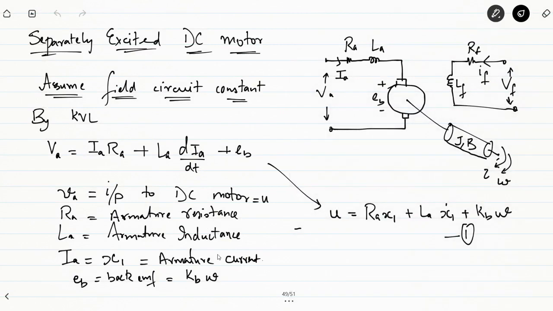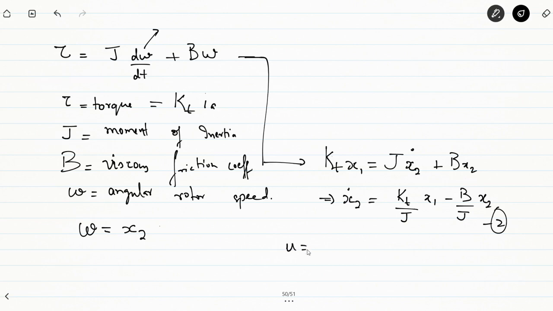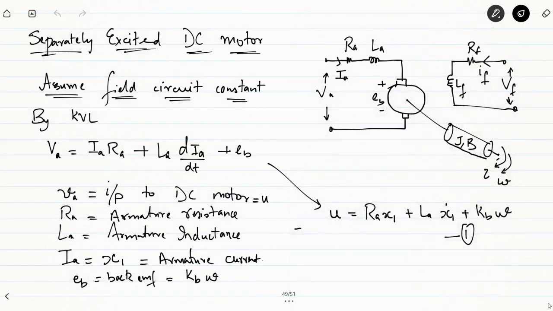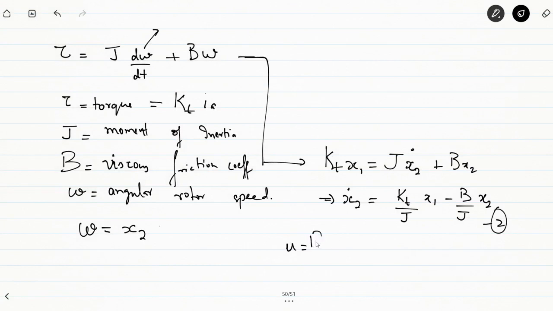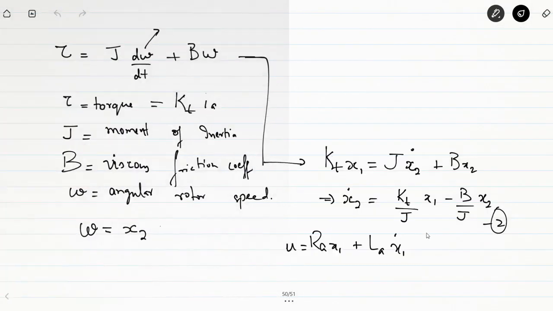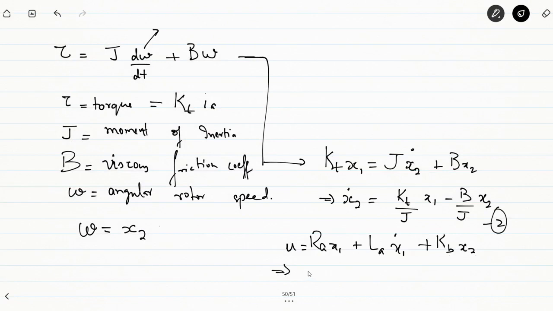As far as equation number 1 goes, u is equal to Ra x1 plus La x1 dot plus Kb times omega. Now we have already defined omega as x2, so this becomes Kb times x2. So from here, x1 dot is equal to minus Ra by La x1 minus Kb by La x2 plus 1 by La u.